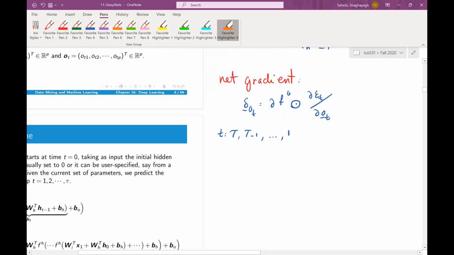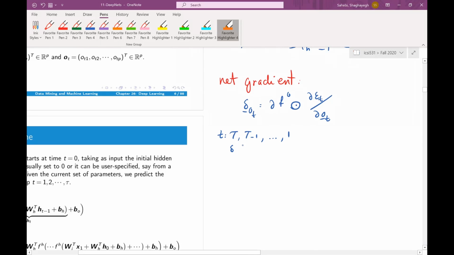And we are going to calculate the net gradient for layer tau first, and then layer tau minus 1 until the first layer. So for the layer tau, the net gradient is going to be similarly the derivative of f_h, element-wise product.